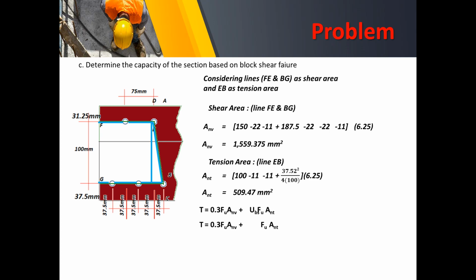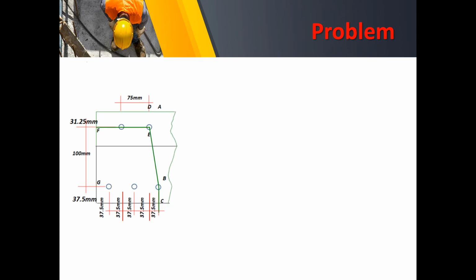Hence, we use UBS of 0.5. So, applying the formula, we just have to substitute the values. So, that tensile capacity will be equal to 289,019 newtons, or that is 289.02 kilonewtons. That is for case 1.